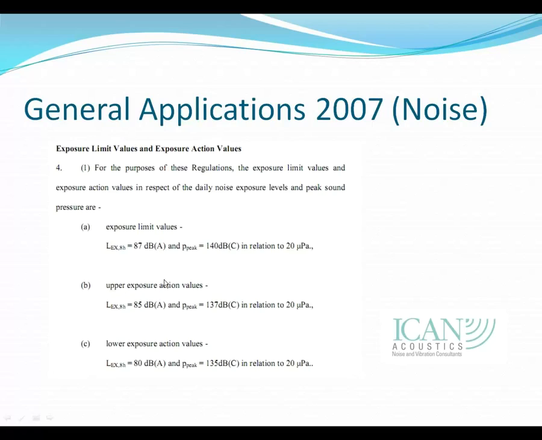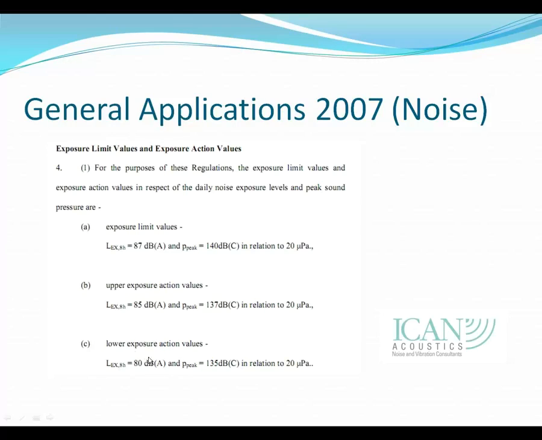Also, within the General Applications 2007 guidance, there are what are called upper exposure action values and lower exposure action values. So basically, depending on your noise climate and where it sits when evaluated over an 8-hour period, you could fall within a lower action value, or you could fall within an upper action value.